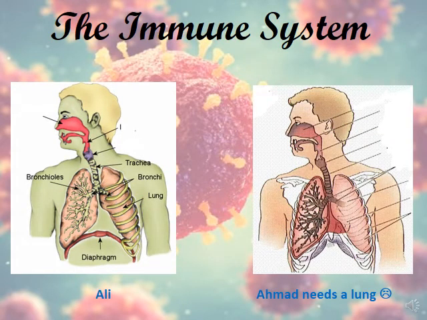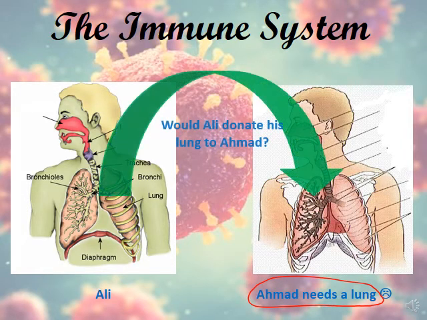We have Ali, and also we have Ahmad. Ali and Ahmad. Ahmad needs a lung. So he wants to get a lung from where? From Ali. Would Ali donate his lung to Ahmad? Ali and Ahmad are different persons, different individuals.